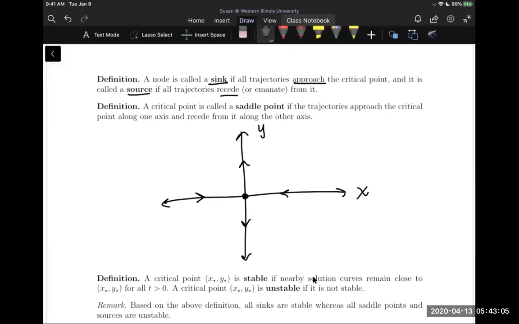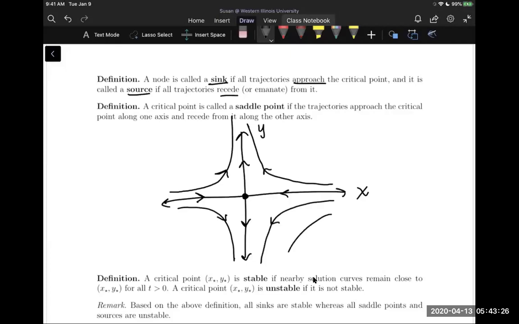So if we're close to the x-axis, we're moving toward, but then as we get toward the y, we're moving away. Make sure you indicate an arrow to say which direction that solution curve is going. We can do this similar effect in all four quadrants. All right, so here's an example of a typical saddle point.